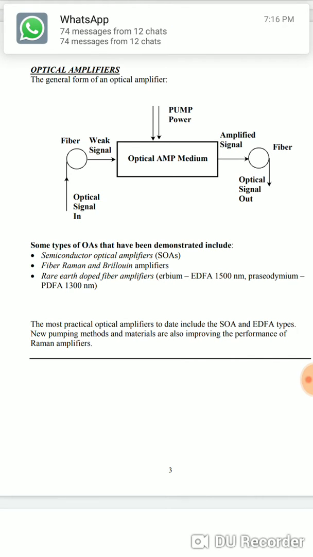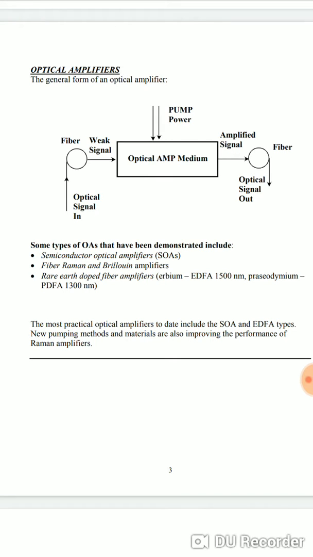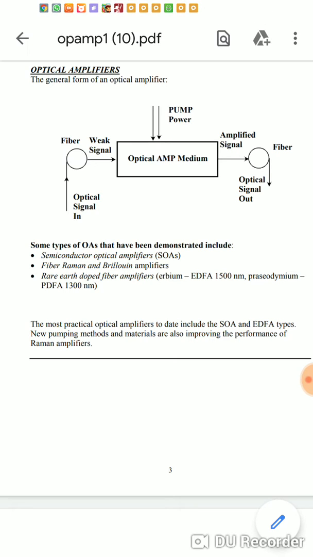But before starting with the two types of amplifier, let us first see the basic working principle of optical amplifier. In the diagram, the basic working principle of the optical amplifier is shown. There are mainly 3 points in the diagram. First, the input optical signal is given to the optical fiber. Whatever weak signal we have to amplify is given as input to the input optical fiber.